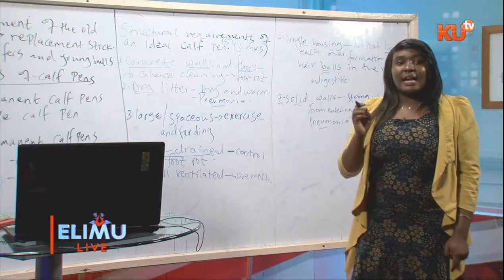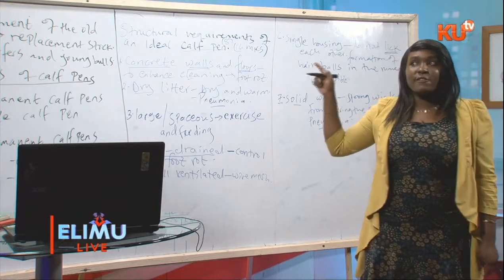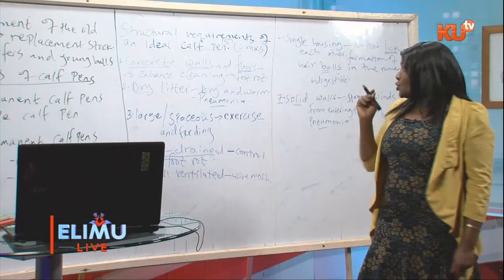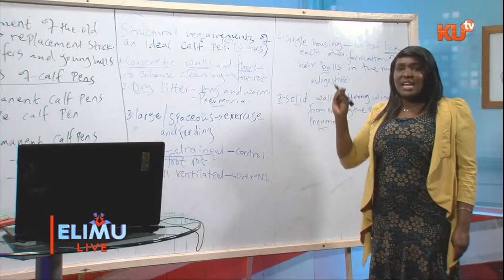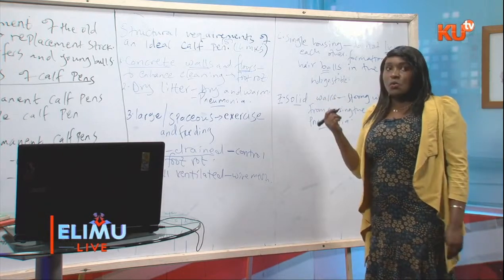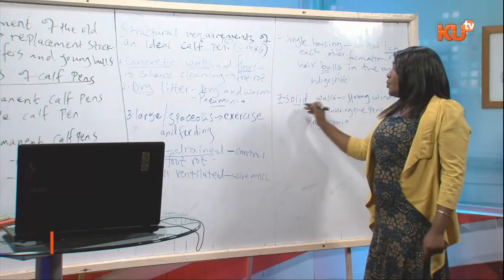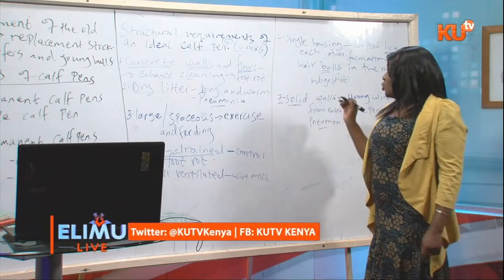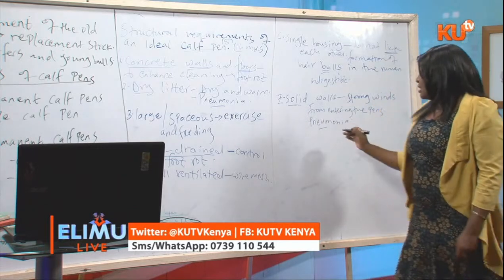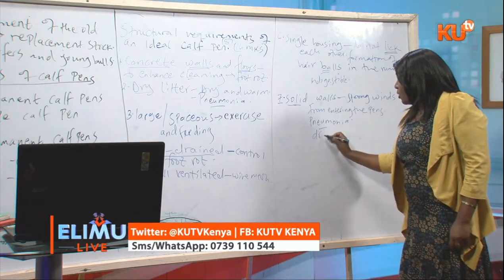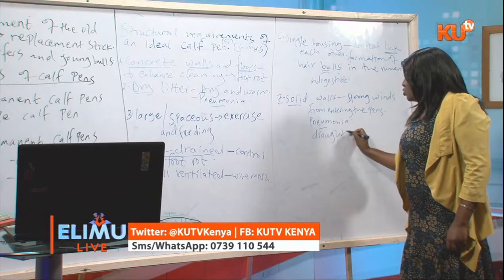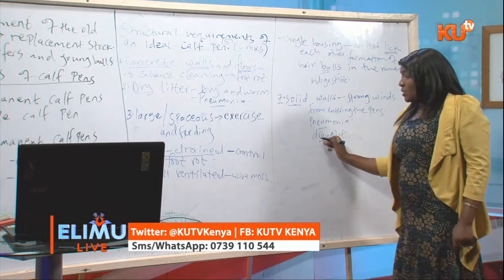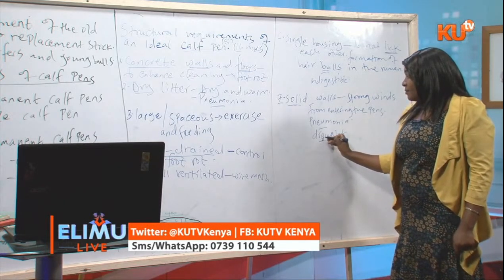But I'm not saying that our calf pen should have solid walls on the 4 walls. You should ensure that the better part, and especially the side where the very strong winds are coming from, you put a solid wall to ensure there is no draught, that phenomenon we call draught, with a DRA.